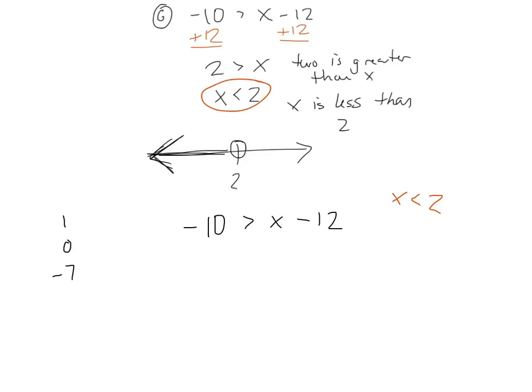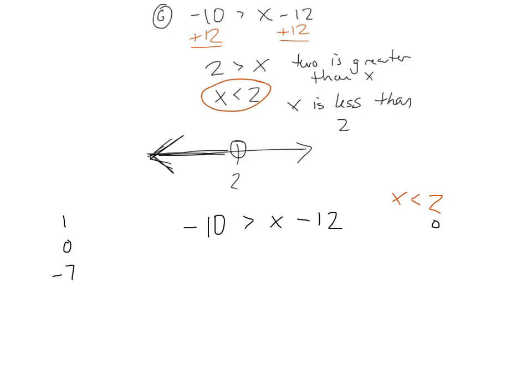Now, keep in mind, I'm not plugging in just one number for x, or there's not one number that I can plug in that's the right number. There are a lot of right answers, okay? So x is less than 2. So one of those solutions that fits that is 0, because 0 is less than 2. So I'm going to plug in a 0 for x.